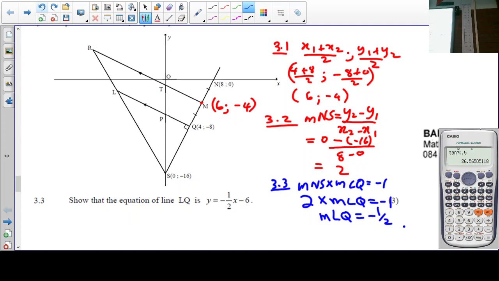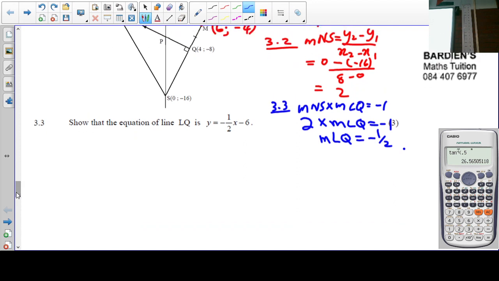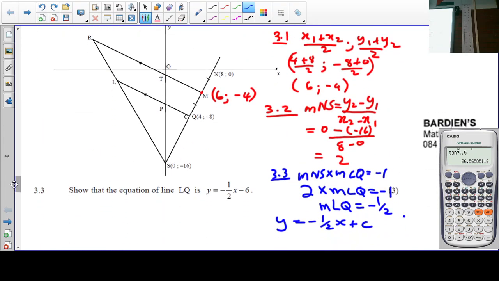But have I answered the question? No. So what do we do now? It must be in the form y equals mx plus c. But we got the gradient. So y is equal to negative half x plus c. So at this point we're going to substitute a point that's lying on this graph.